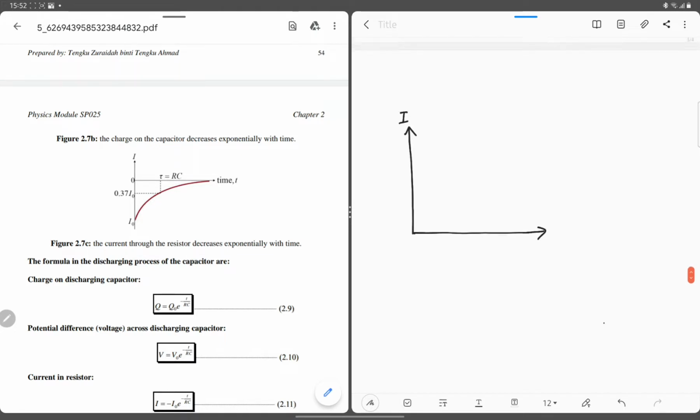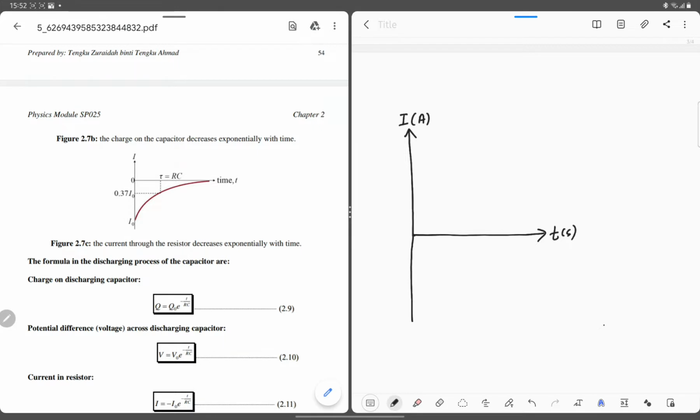And this is my current in ampere, t in second. For the discharging process, your graph should have a negative part here on the axis. Why? Because we have told you before this that the direction of the current during the discharging process is opposite to the charging process.